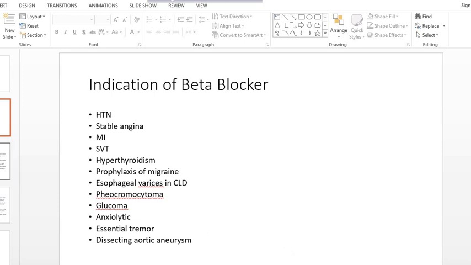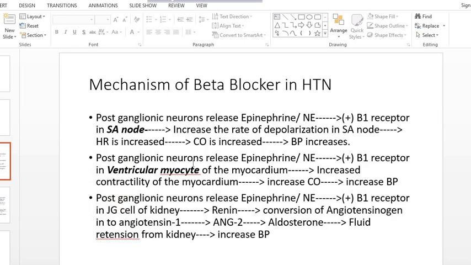So first we can go into hypertension, and let's see how beta blockers lower your blood pressure. You first have to remember that beta blocker is not a first line antihypertensive these days. The first line antihypertensive these days is either calcium channel blocker or angiotensin receptor blocker.